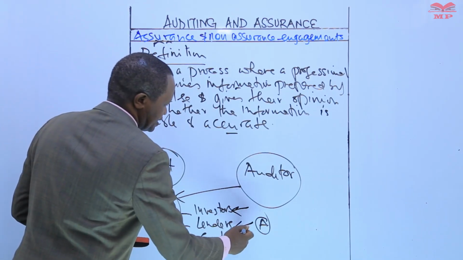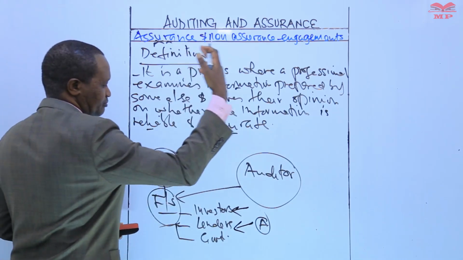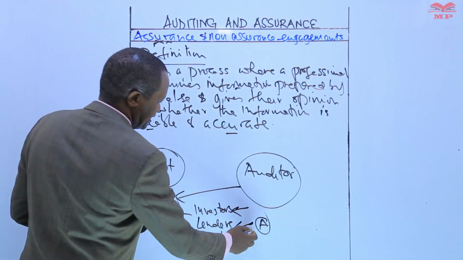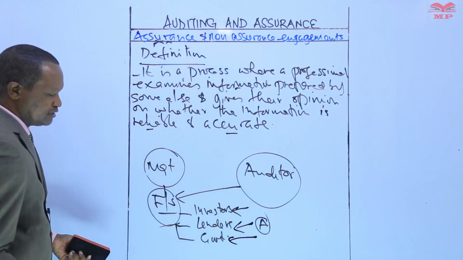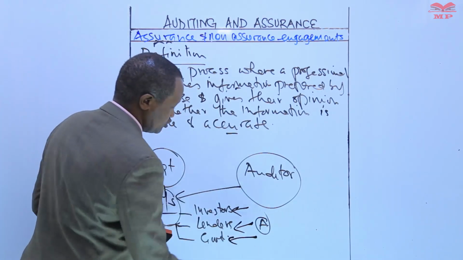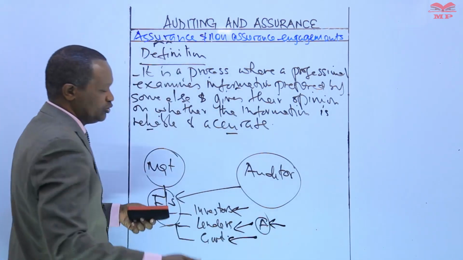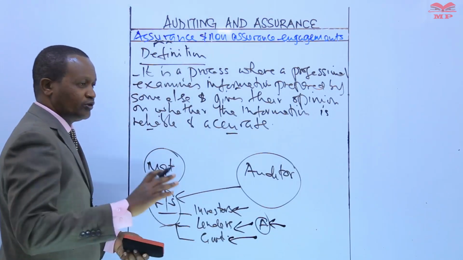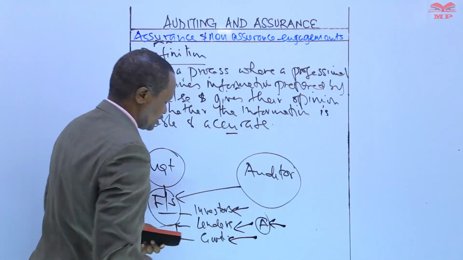It could be the banks that may want to lend money to that company. It could be the suppliers. It could be the employees. Maybe you are a potential employee, you want to be employed in this company. You'd want to know the financial position, the stability of this company before choosing to work for such a company.